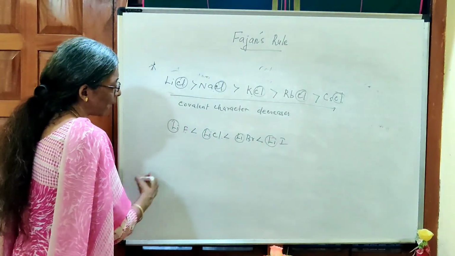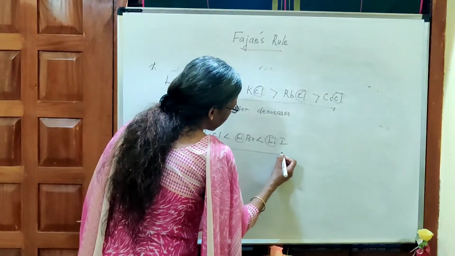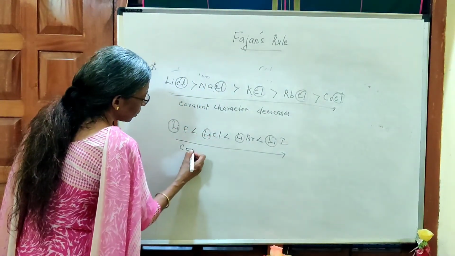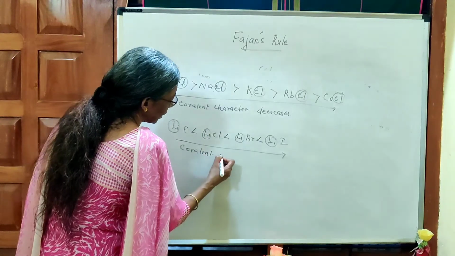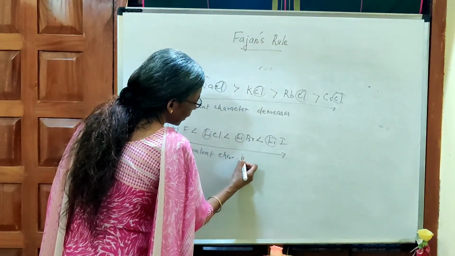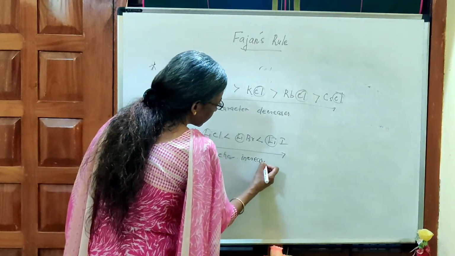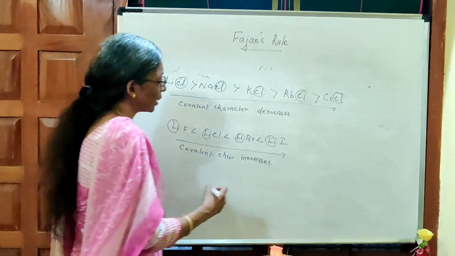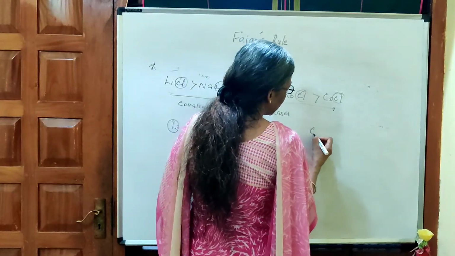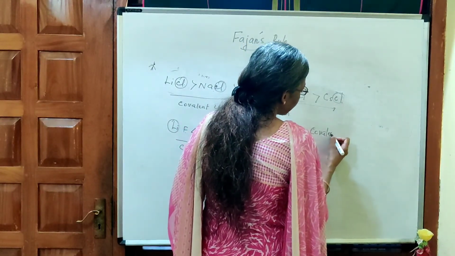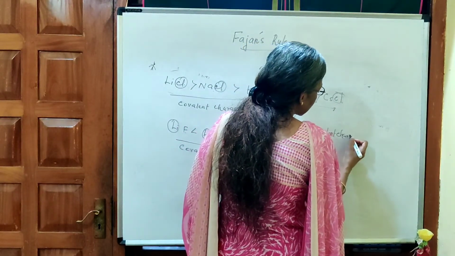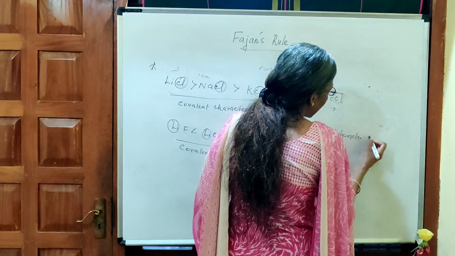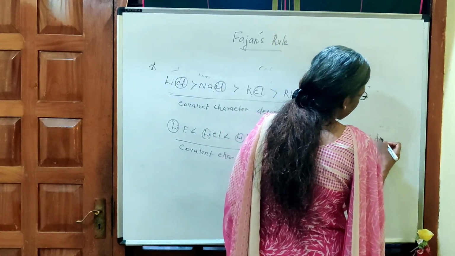What is happening when the anionic size increases? The covalent character increases. So what we can understand from here, we can write: covalent character is directly proportional to anionic size.